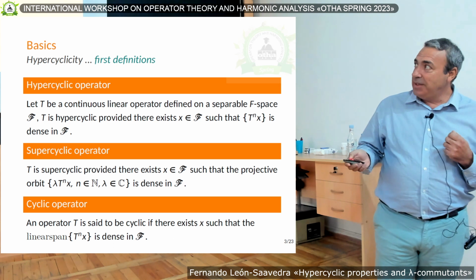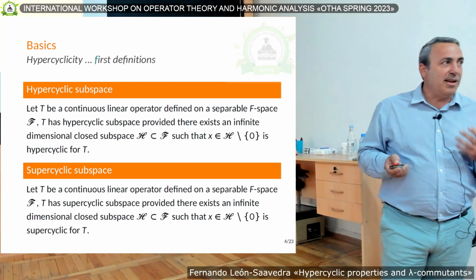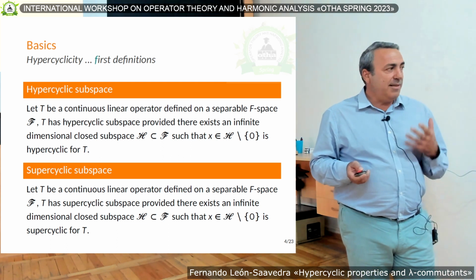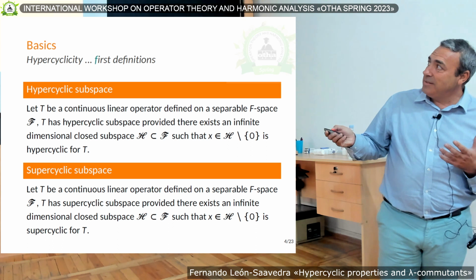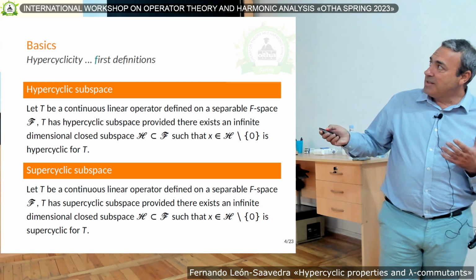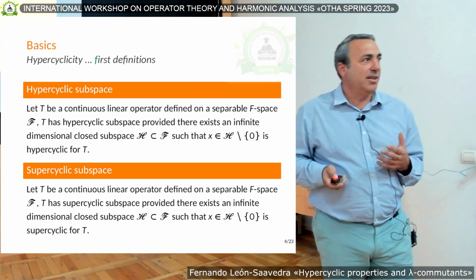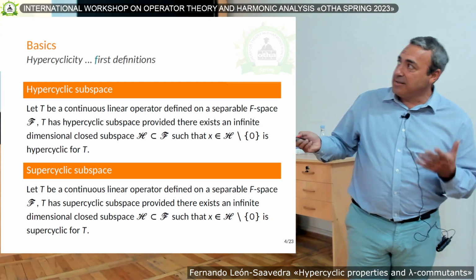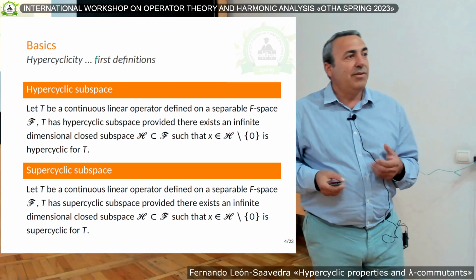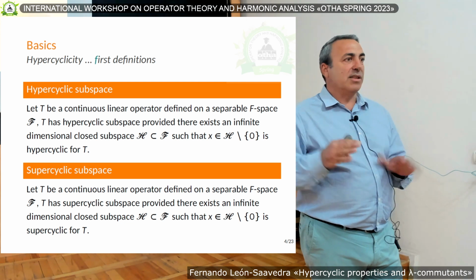Motivating also is this problem: it appears in the literature what is a hypercyclic subspace. We say that a hypercyclic operator has a hypercyclic subspace if there exists an infinite dimensional closed subspace H such that every vector in H except 0 is hypercyclic for T. And we say that the operator has a supercyclic subspace if the operator has an infinite dimensional closed subspace of supercyclic vectors except 0.